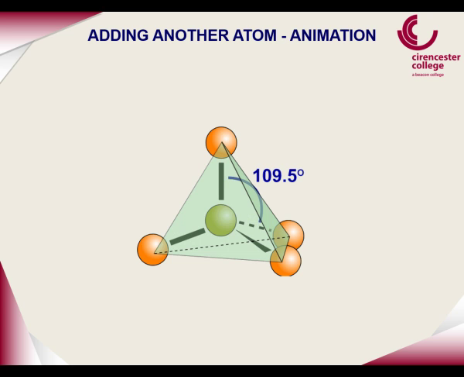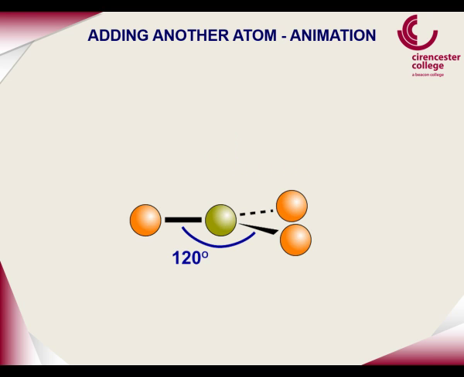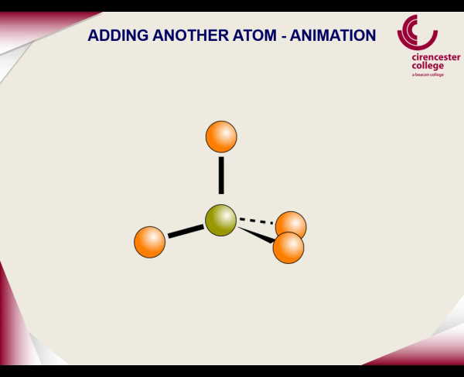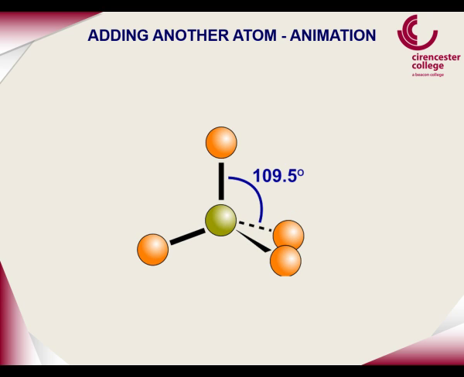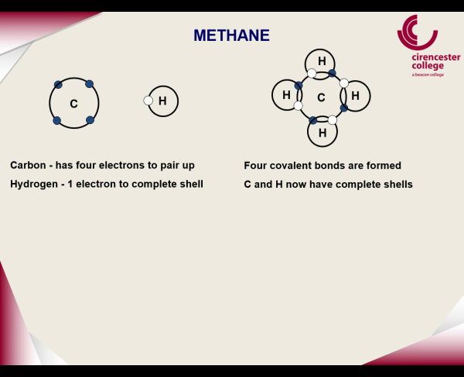Well, if you go on to Moodle, you can find the mathematical explanation why the bond angles in a tetrahedral structure are 109.5 degrees. An example of a tetrahedral structure is methane.